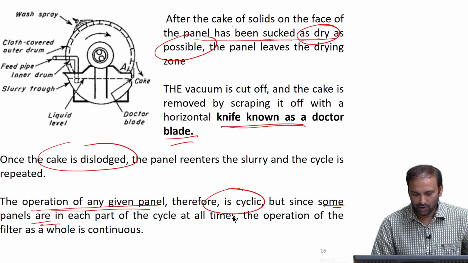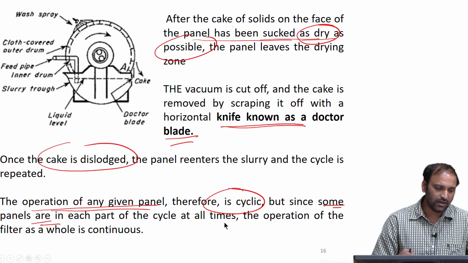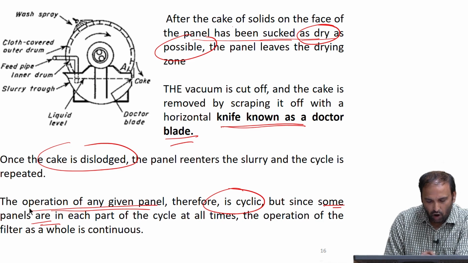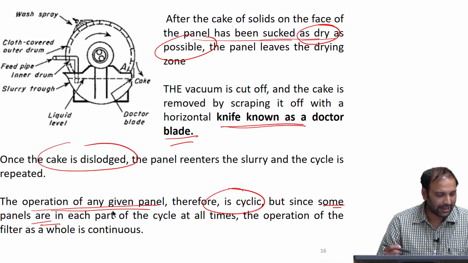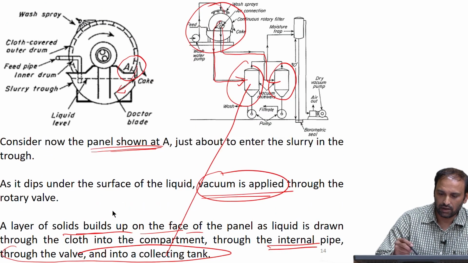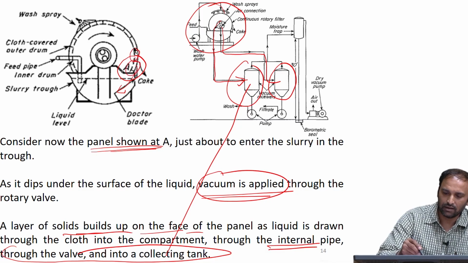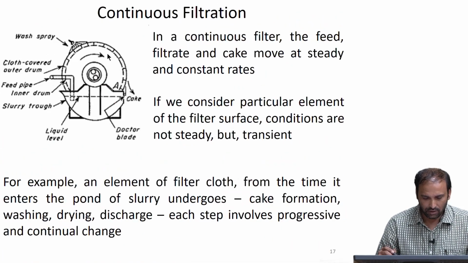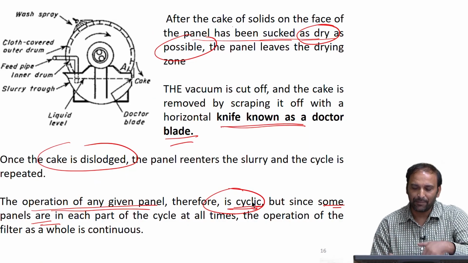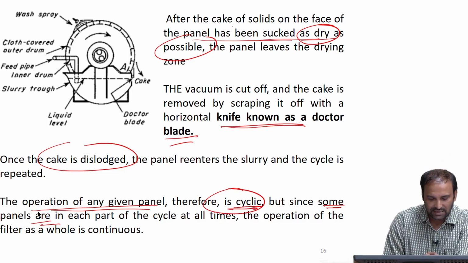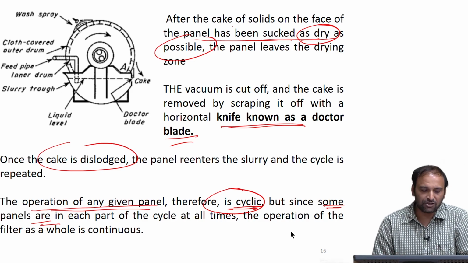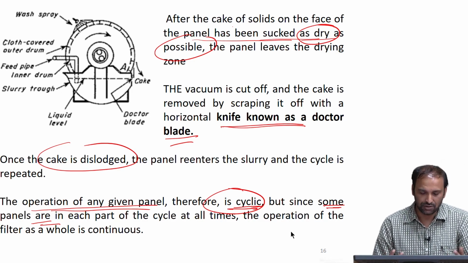What I mean to say is that the operation of any given panel, that is each compartment, happens in a cyclic way, but since some panels are in each part of the cycle at all times, the operation of the filter as a whole is a continuous process.